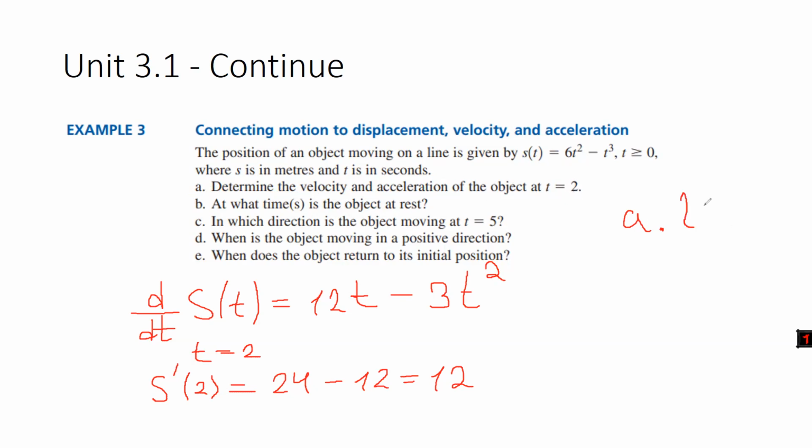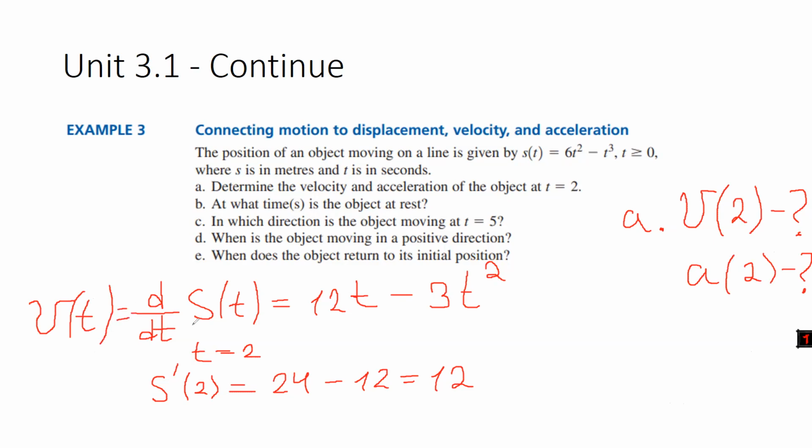So I would say velocity at t equals 2, question mark, and acceleration at t equals 2, question mark. Then I would say that the function of velocity equals the derivative of the function of displacement by time, right?